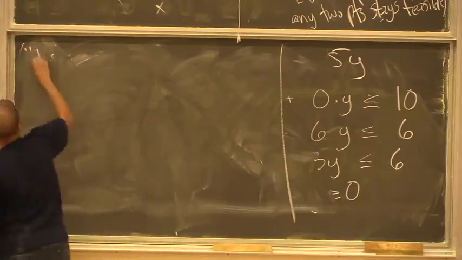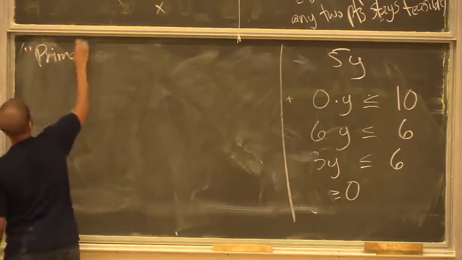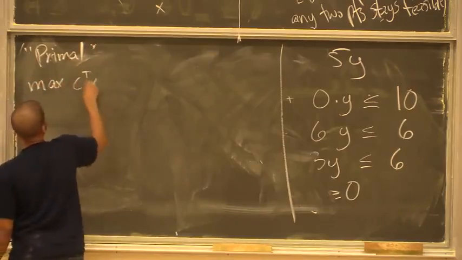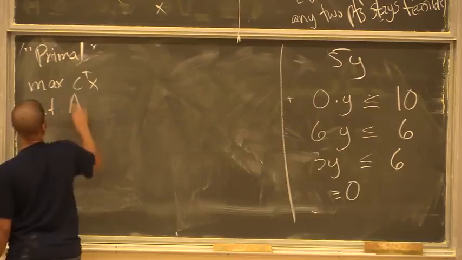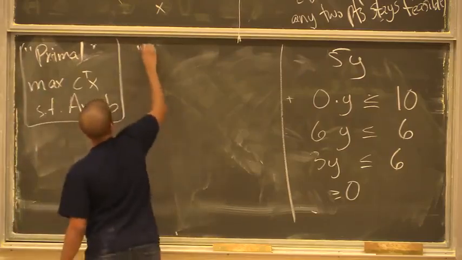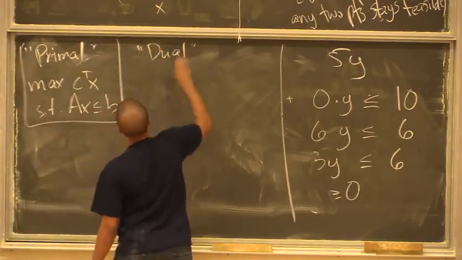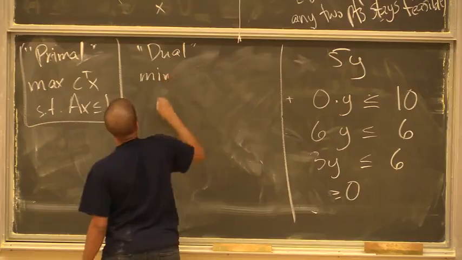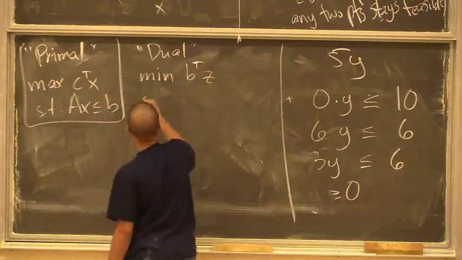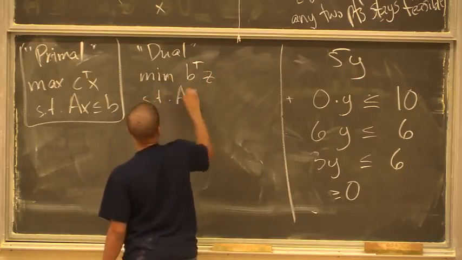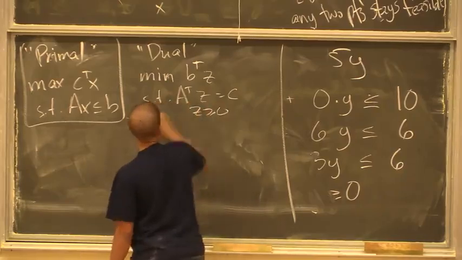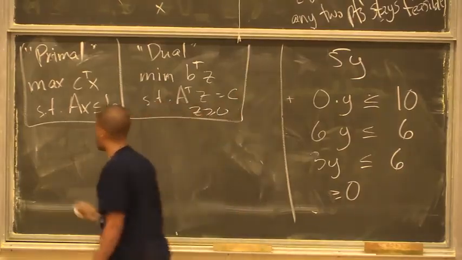There's the so-called primal LP, which is that you want to max C transpose X subject to AX is at most B. And you have what's called the dual LP, which is you want to minimize B transpose Z subject to A transpose Z is equal to C and Z is at least 0. This is the dual.